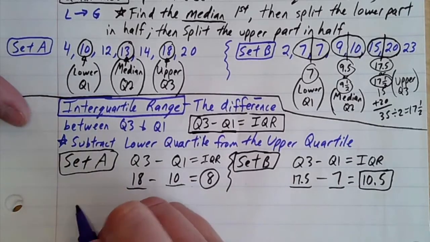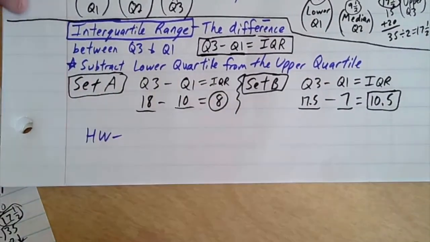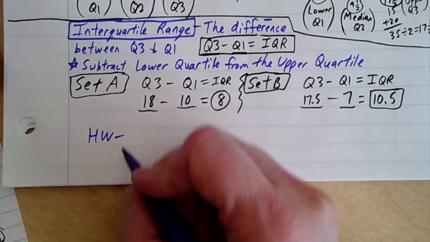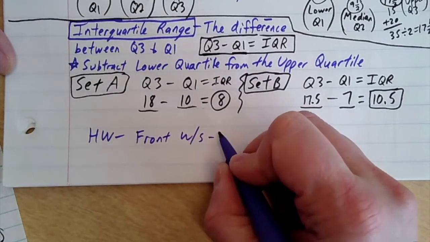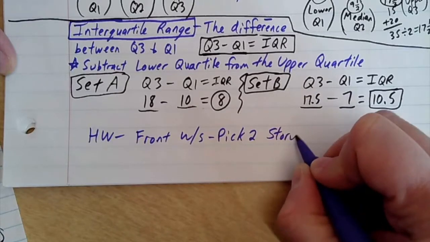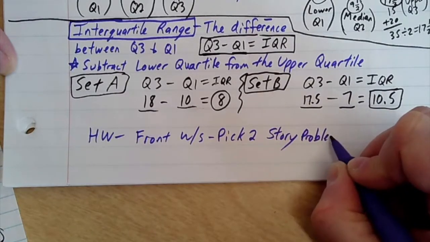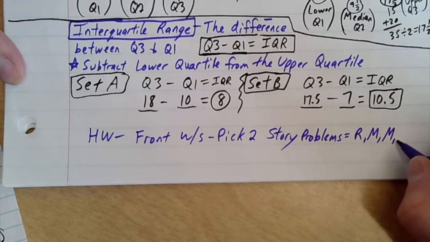So your homework for this particular example, first off, on the front of the worksheet, you're going to pick 2 story problems, and I want you to find the range, the mean, median, and mode.